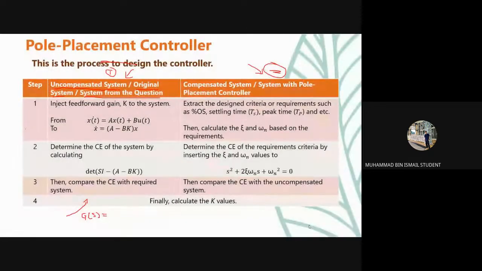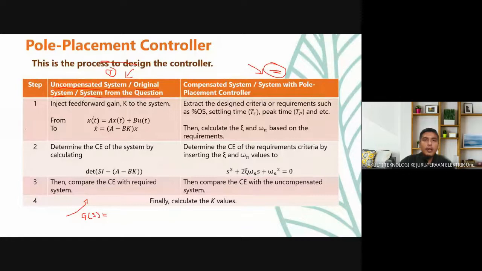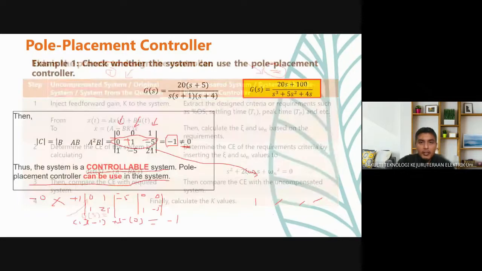Okay, according to this, for the first part here, we have the composite system, or original system, or system from the question. The source to solve the first part is the question, G(s).